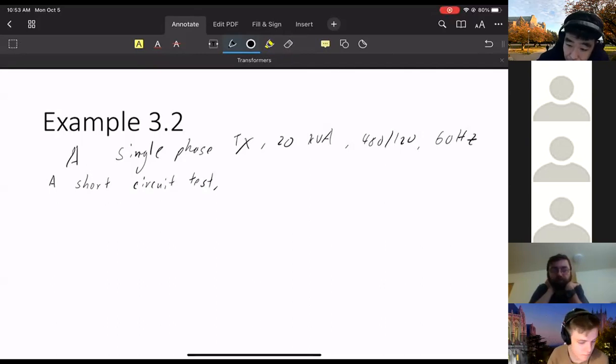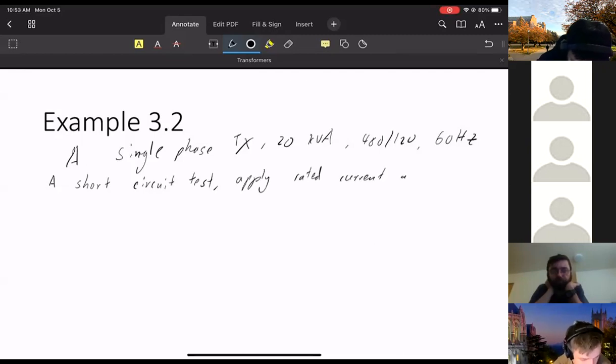And then I apply a rated current at the primary. Okay, so I'm going to do a short circuit test. Let's just apply some current into it. Let's see what happens.